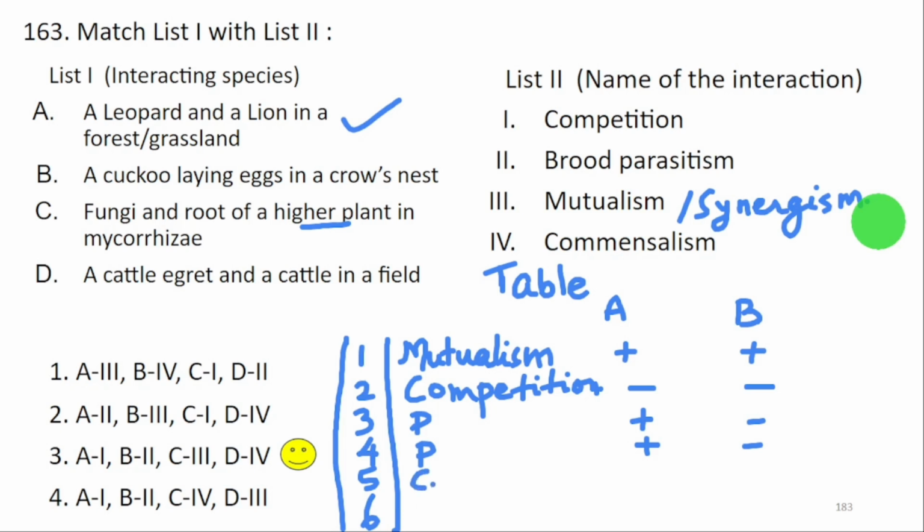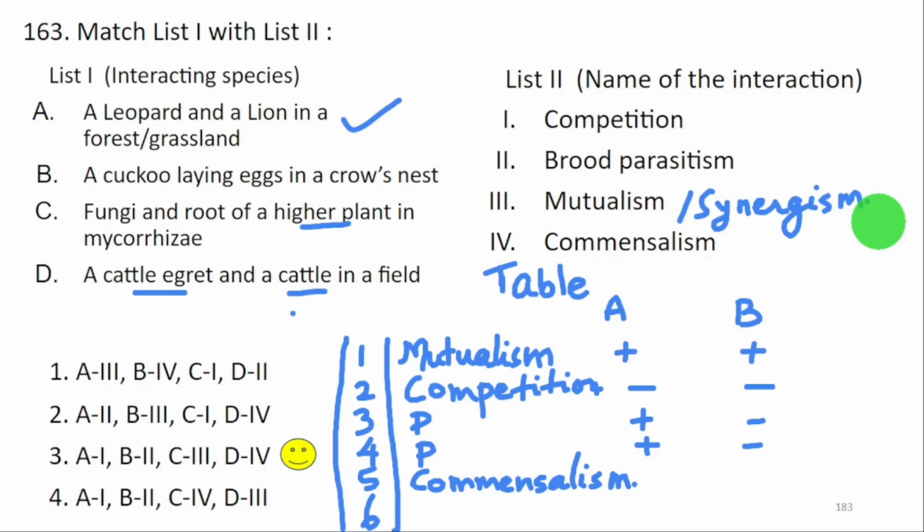Then commensalism. The example is given here. Cattle egret and a cattle in a field. So when the cattle grazes the field, this is going to stir up the vegetation.